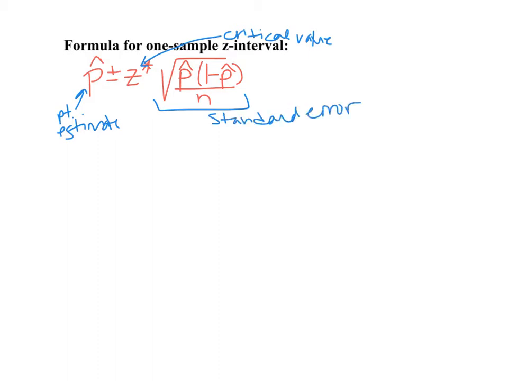And actually, this entire part that includes the critical value and the standard error is called my margin of error. So you should be very well aware of what the margin of error is and what the standard error is. So let's go ahead and do an example.